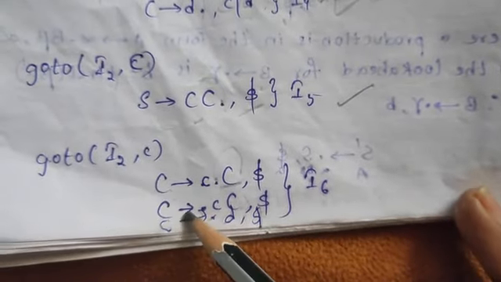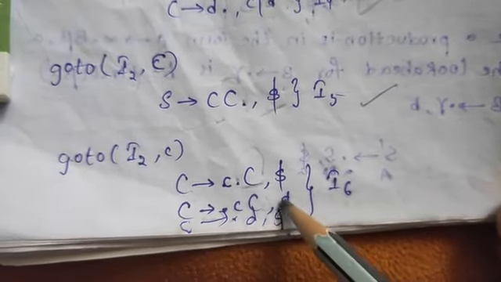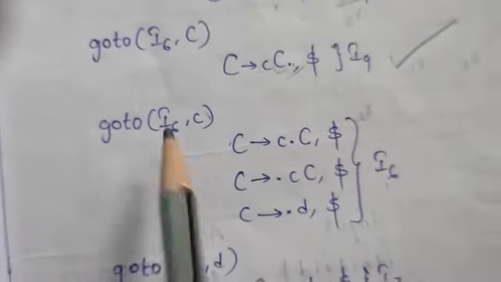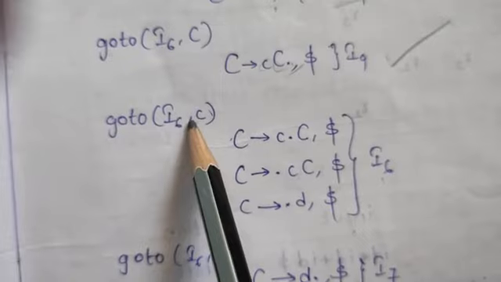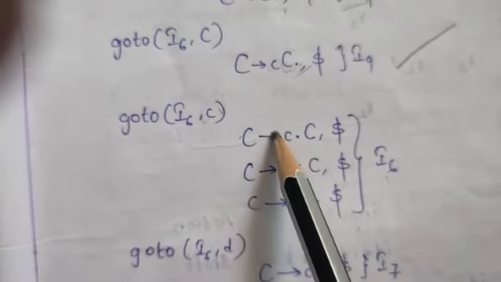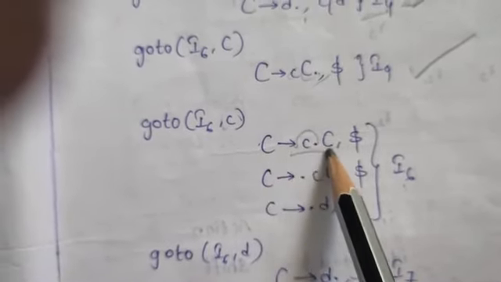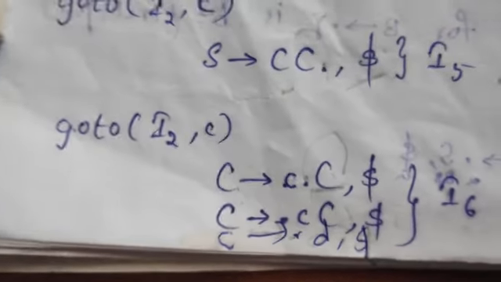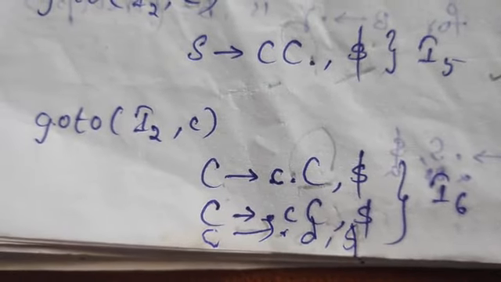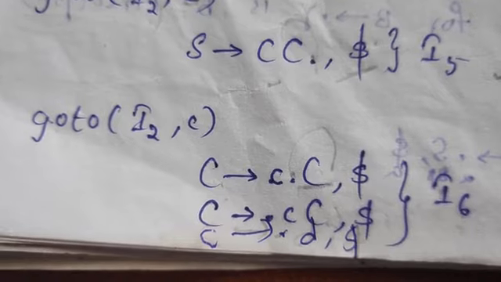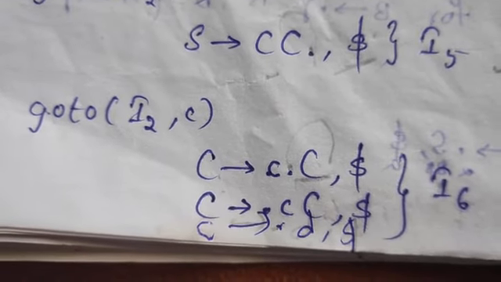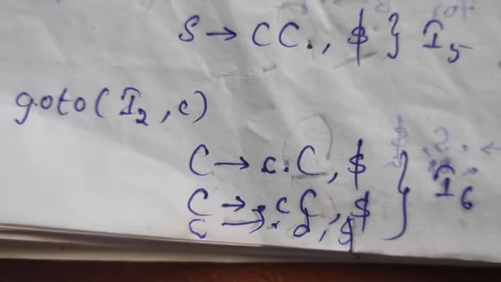Then again two more productions are there. The first one is C tends to dot small c capital C dollar. So here we are doing that one. In I6 the dot is moving by small c. For that reason the dot goes from here to here, and we get this production. So here the look ahead is nothing but a dollar.